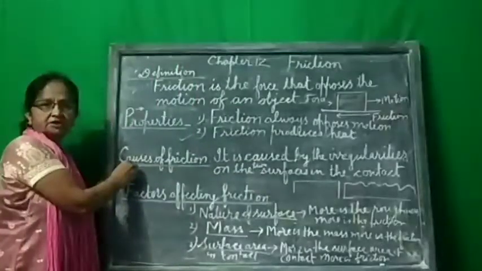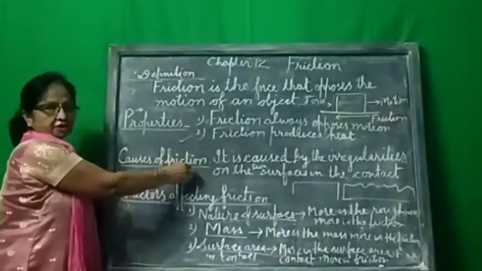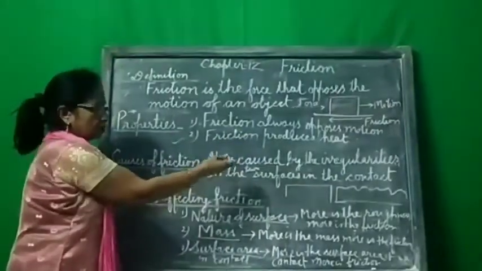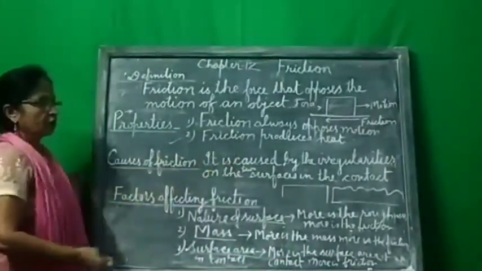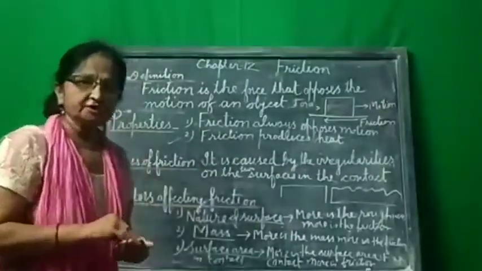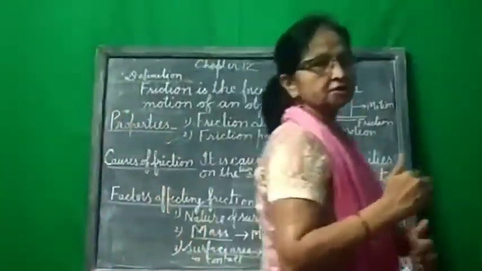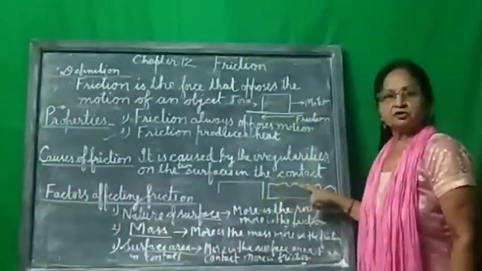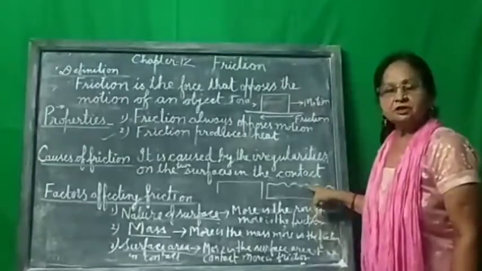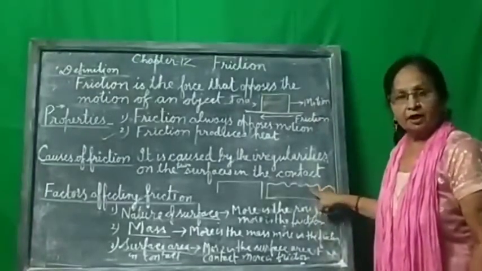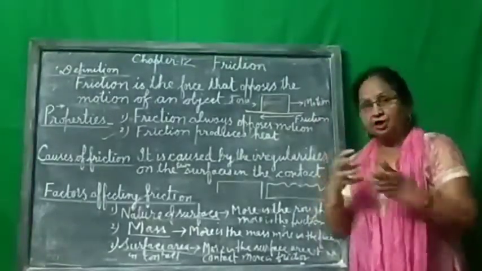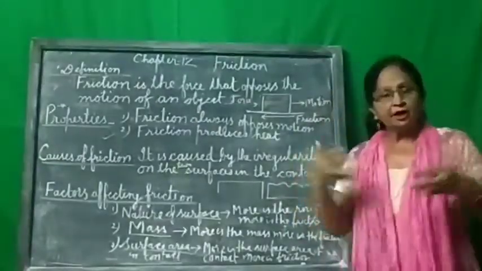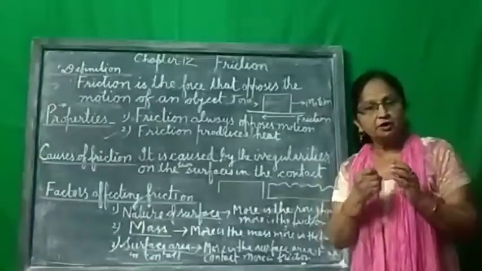Now we will discuss causes of friction. It is caused by the irregularities on the two surfaces in contact. Means if one surface is smooth and the second is an irregular surface, तो क्या होगा, irregular surface पर friction ज्यादा लगेगा. Why? Because here interlocking will be there. दो surface के बीच में interlock हो जाता है, जैसे lock and key.